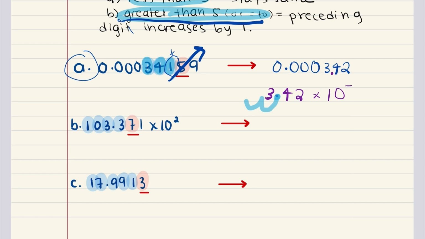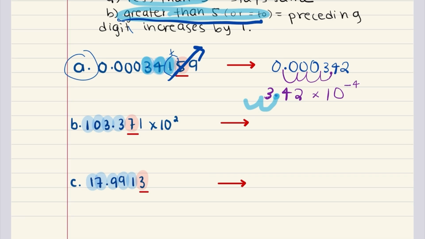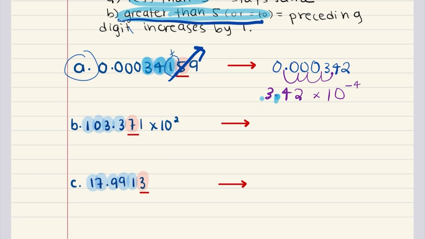Now let's figure out how many decimal places we need to move to figure out the exact number of the exponent. To get back our original number, we're going to have to move the decimal place 1, 2, 3, 4 units, all right, to the left. So it's going to be minus 4. Our scientific notation of 0.000342 is 3.42 times 10 to the minus 4.